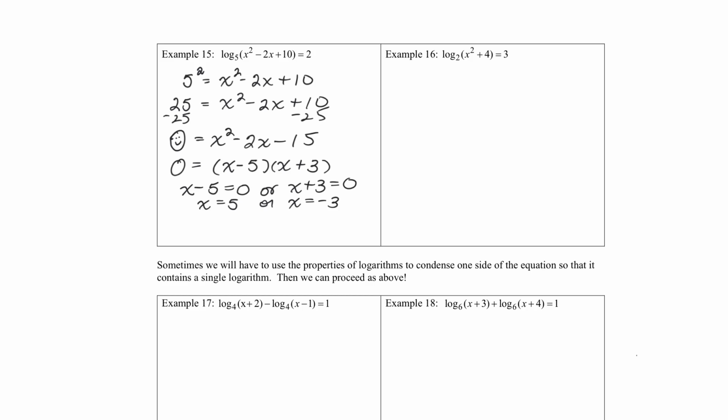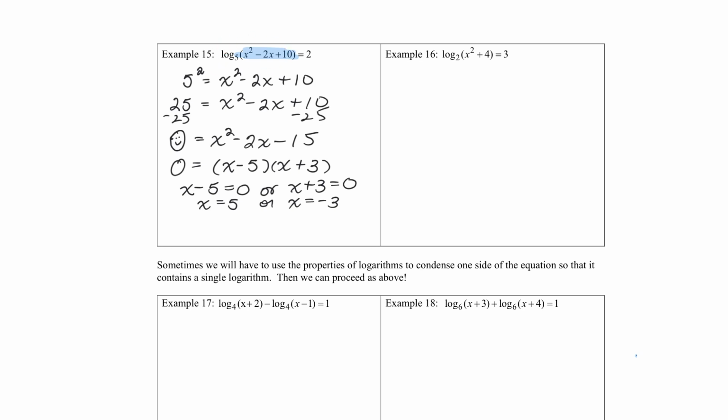And I'm asking myself, is it the case that if I take both of these or either of these and plug them into the expression in the original logarithm, right? x squared minus 2x plus 10. If I plug in 5, will the result be a positive number? In other words, is 5 within the domain of this particular logarithmic function?